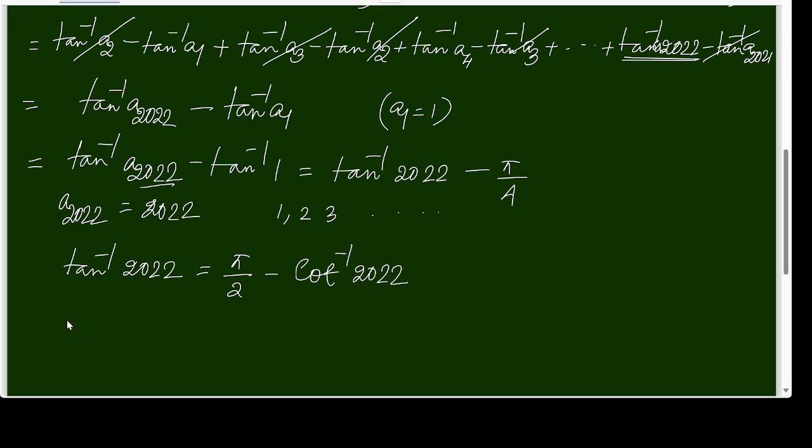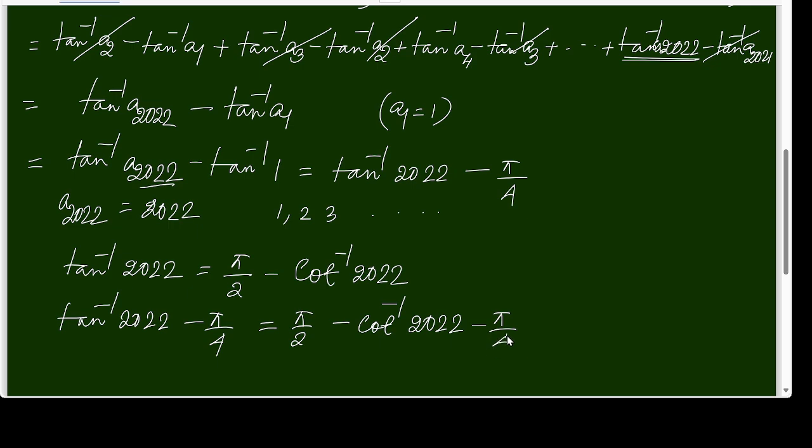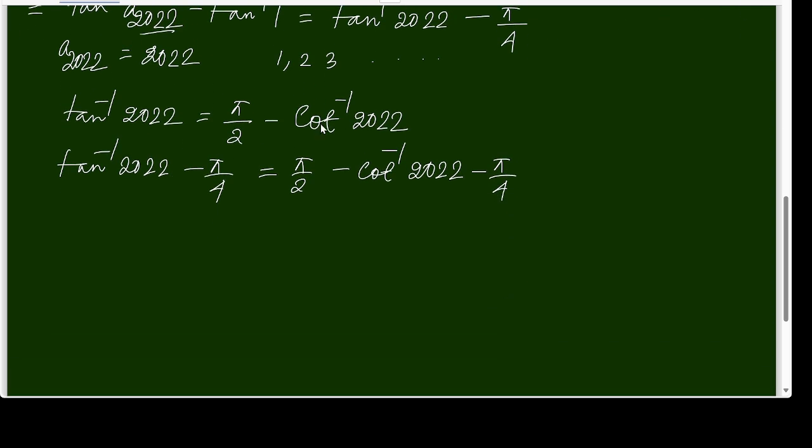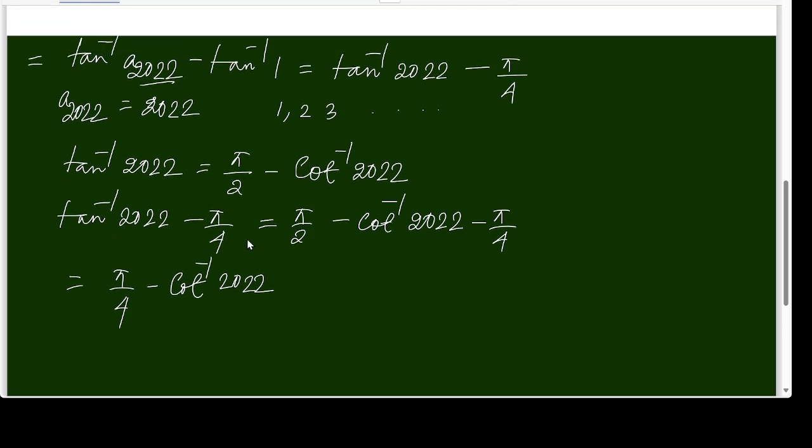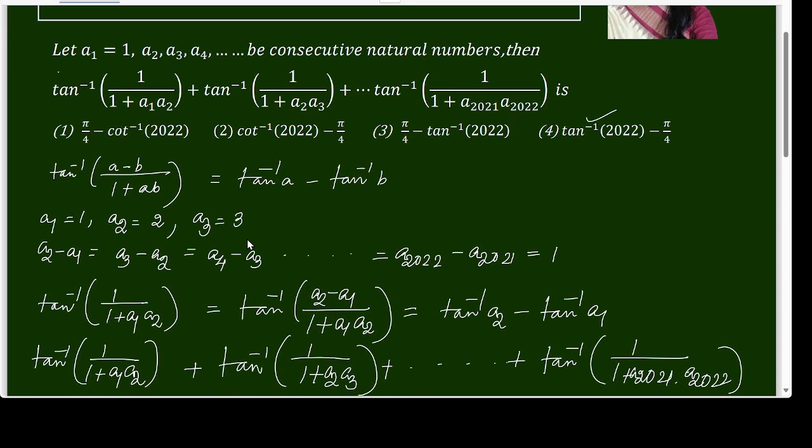So the answer can also be written in another way: pi by 2 minus cot inverse 2022 minus pi by 4. Then taking pi by 2 and pi by 4 together, this will be pi by 4 minus cot inverse 2022. So let us check whether this answer is also there.